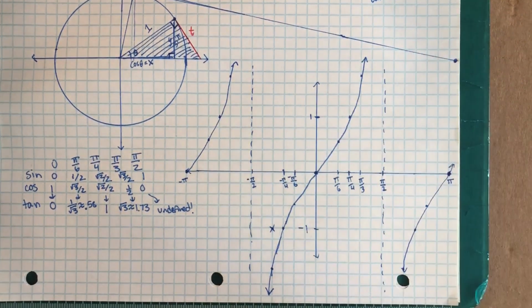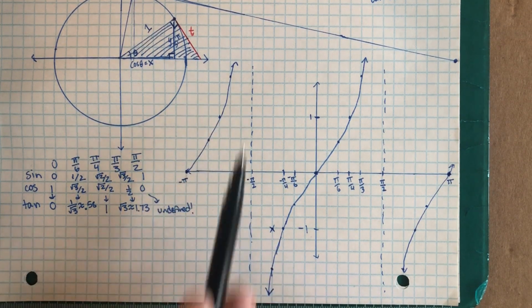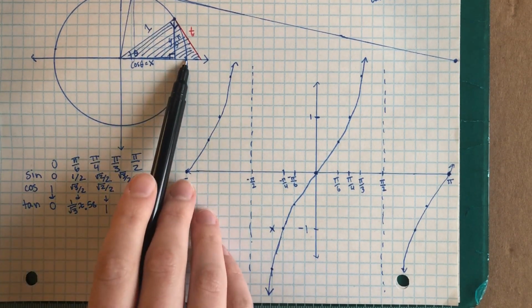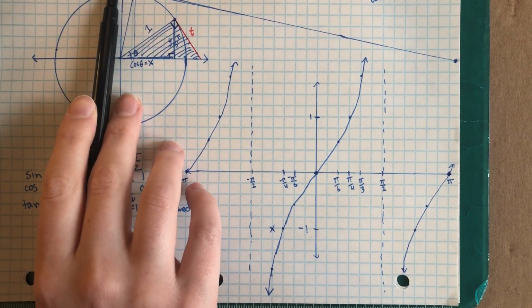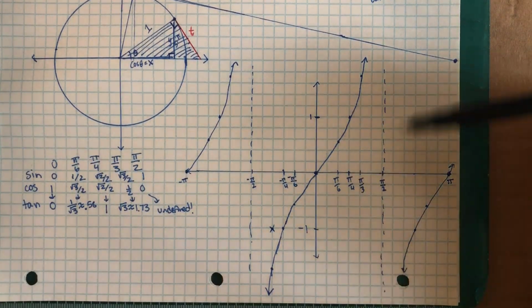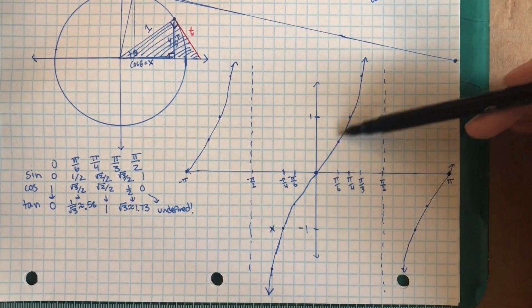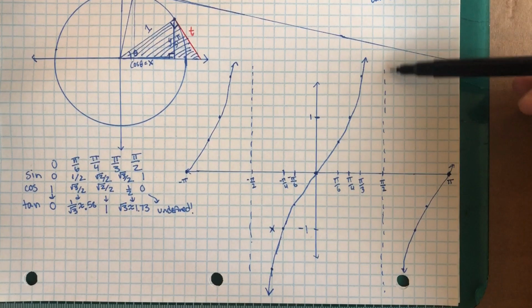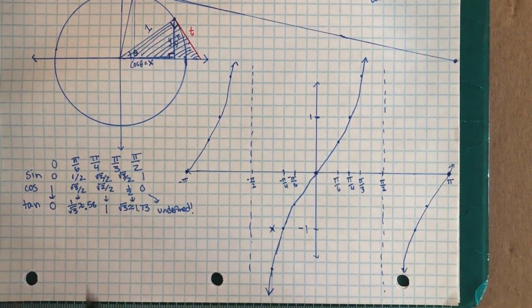So if we go around the circle with tangent, instead of kind of smoothly moving up and down the way that we do with the x and y coordinates with sine and cosine, instead we see this weird pattern where as we move, this line is getting longer, longer, longer, disappears completely, and then kind of reappears on the other side. And this represents this break in the graph where our values are getting higher and higher, they disappear, and then on the other side they become negative.